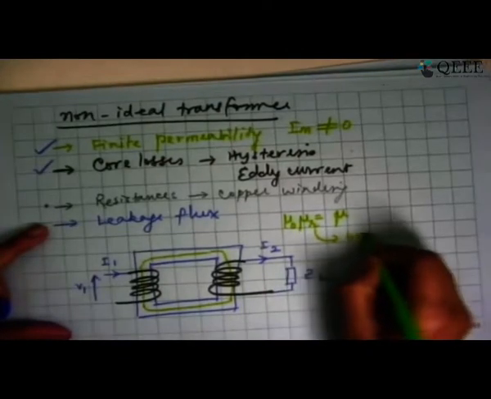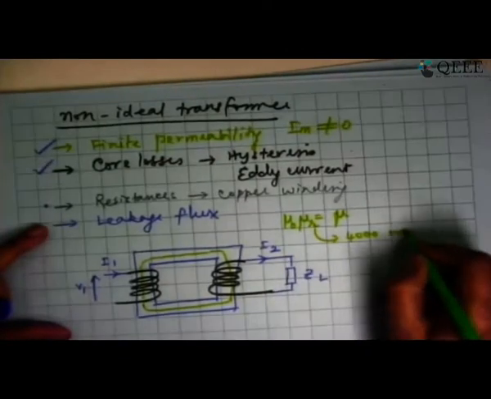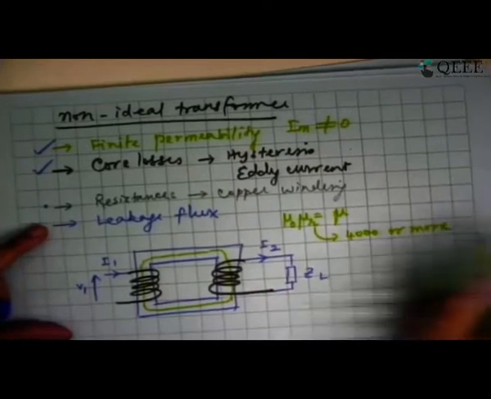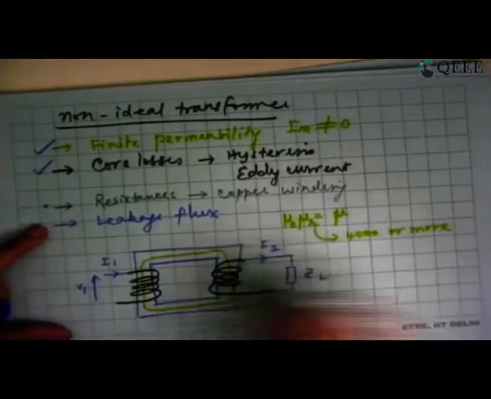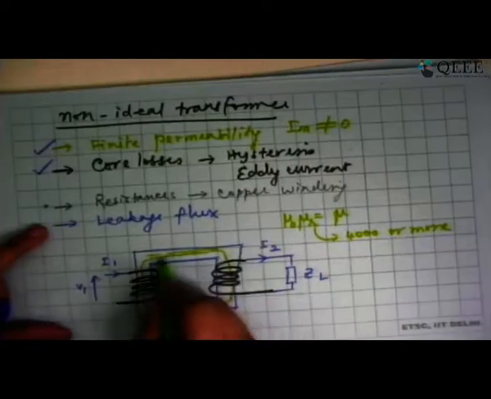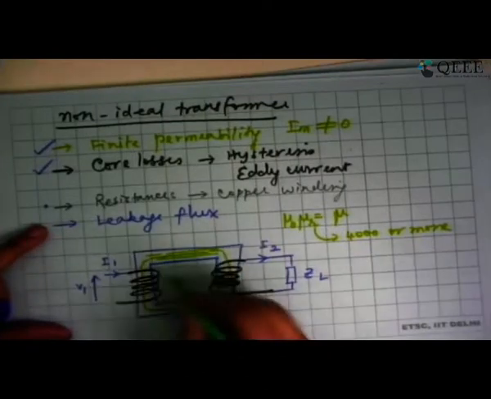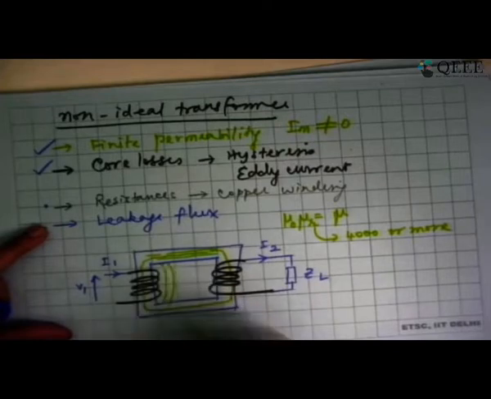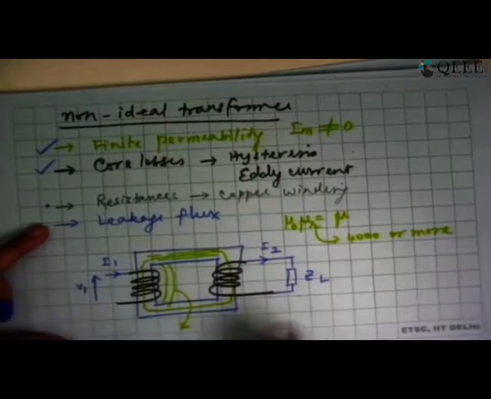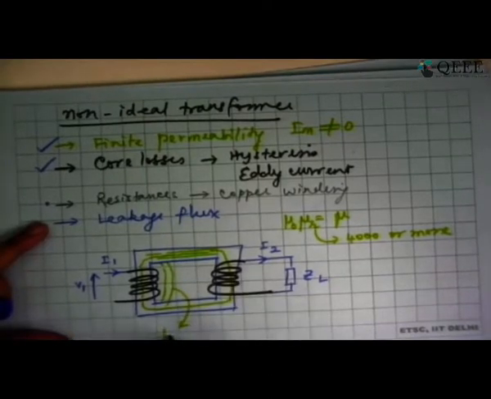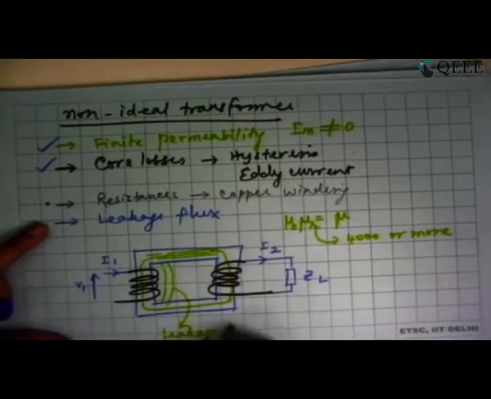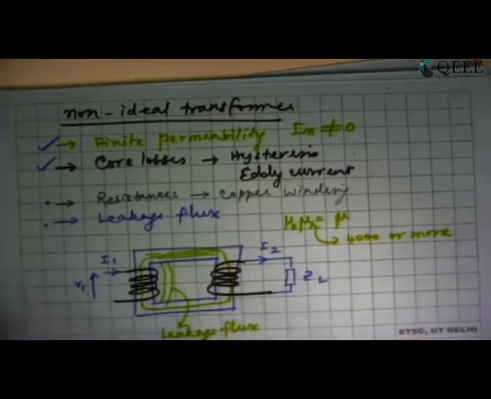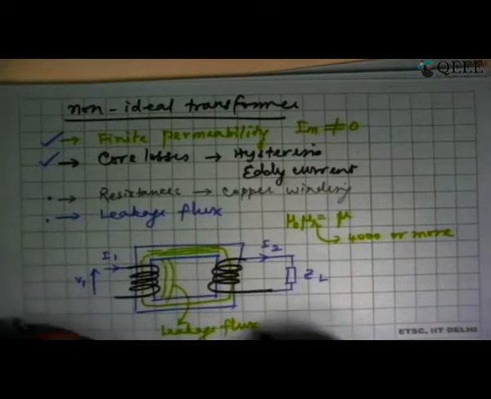Mu R may be 4000 or more. So if I assume that there are 4000 lines going through the core, still there will be one or two lines which may be coming through the air gap path. And this flux does not link with the secondary winding, so we call this the leakage flux. Leakage fluxes are those which do not link with the secondary winding.